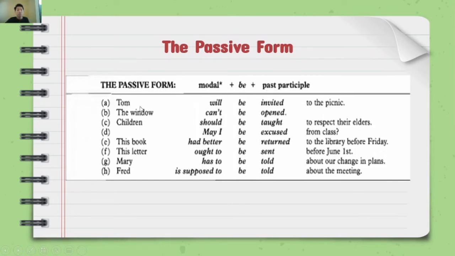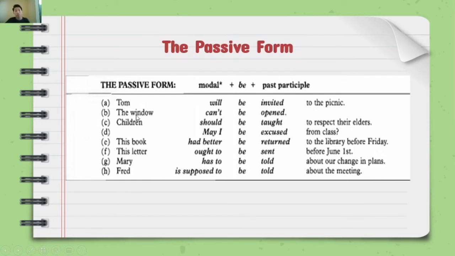Okay, we check example A. The subject is Tom, the modal is will, be, and the past participle is invited. Verb 1 is invite. Past participle, invited to the picnic. So, Tom will be invited to the picnic.